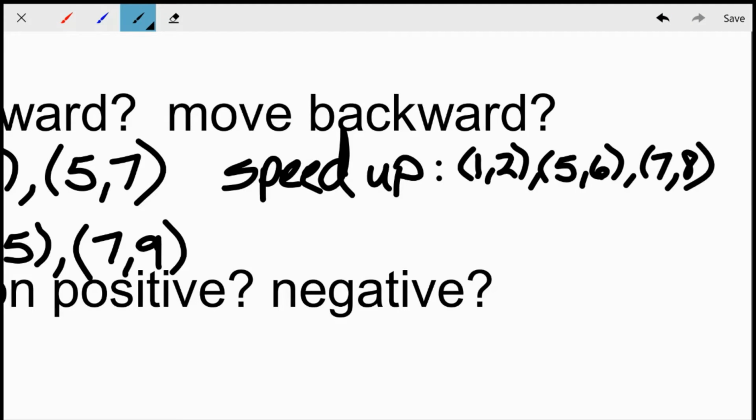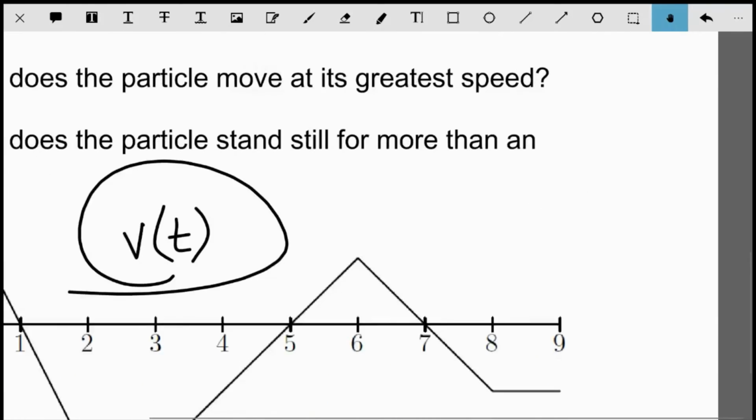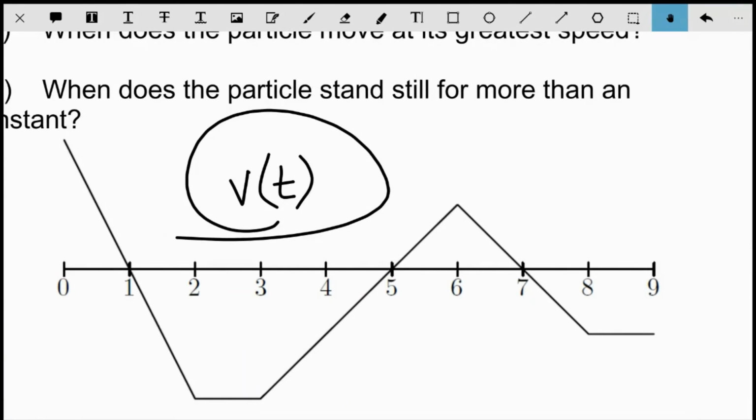Okay, and then we're also going to be slowing down on some intervals. And just by process of elimination, I can get most of this, but we have to be careful because there is one interval where our velocity is constant. So slowing down is when the velocity is moving towards the time axis. So obviously from 0 to 1, from 3 to 5, and then from 6 to 7.